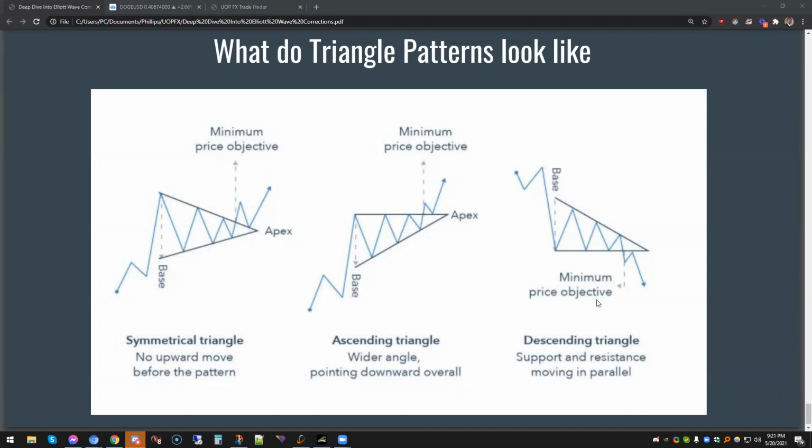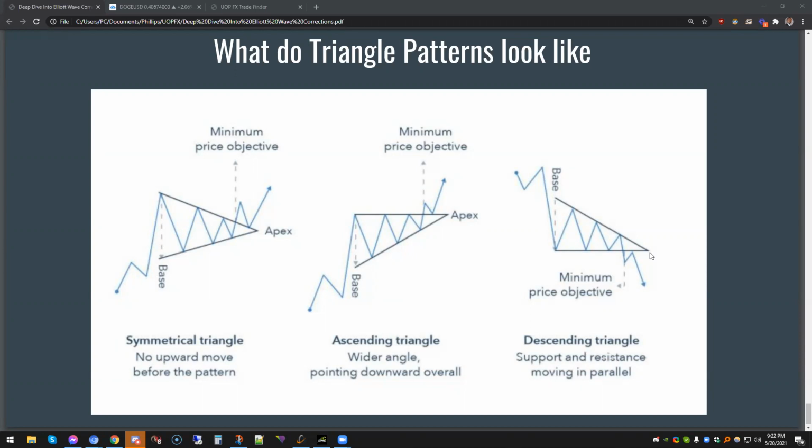The descending triangle is basically the opposite, where you have the base either flat or slightly sloping down, and the top of the triangle sloping down as well. So this is basically what it looks like.